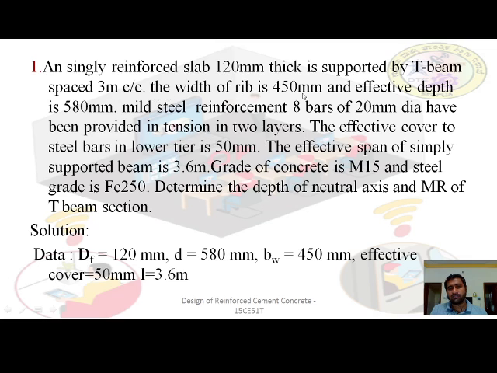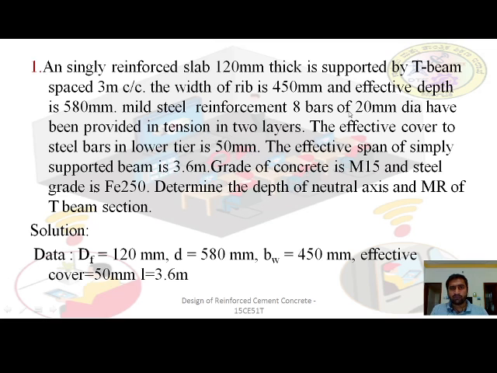The width of the rib is 450 mm and effective depth is 580 mm. Mild steel reinforcement, 8 bars of 20 mm dia, have to be provided in tension in 2 layers. The effective cover to the steel bar is 50 mm. The effective span of the simply supported beam is 3.6 m. Grade of concrete is M15.